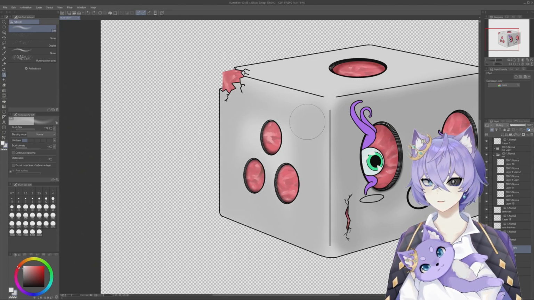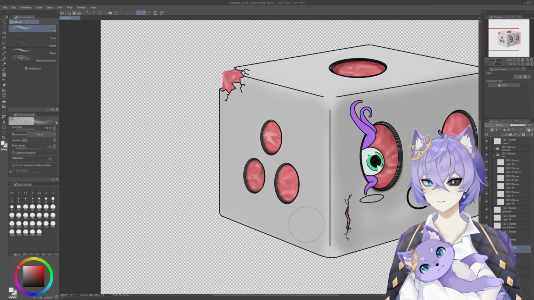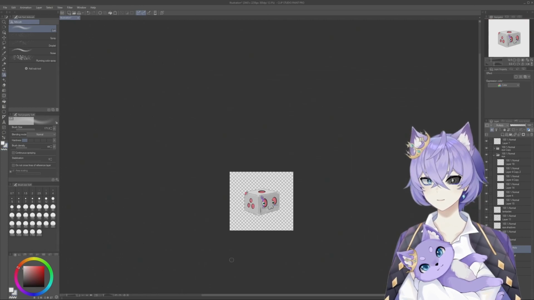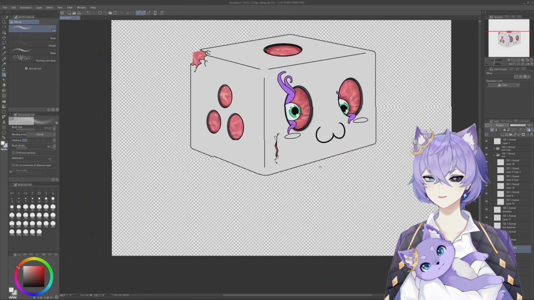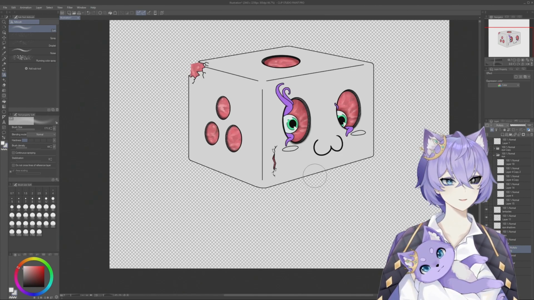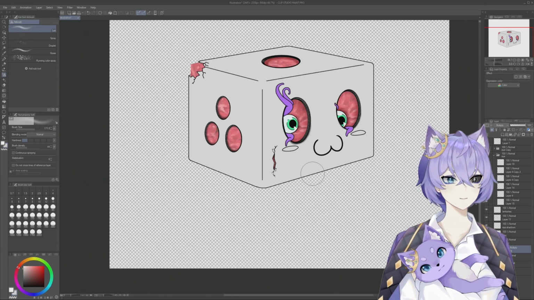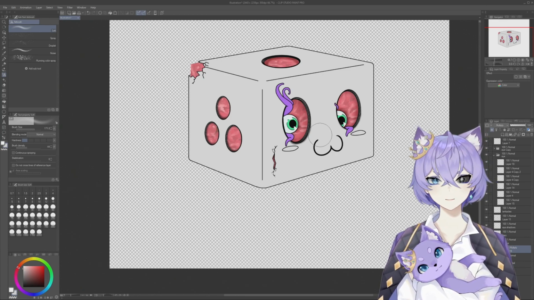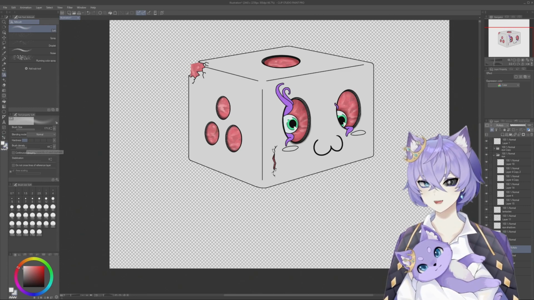So then we cover up this side. That does not look right. Huh. Shading wise, I know the side that faces us should be darker. I know that for sure.